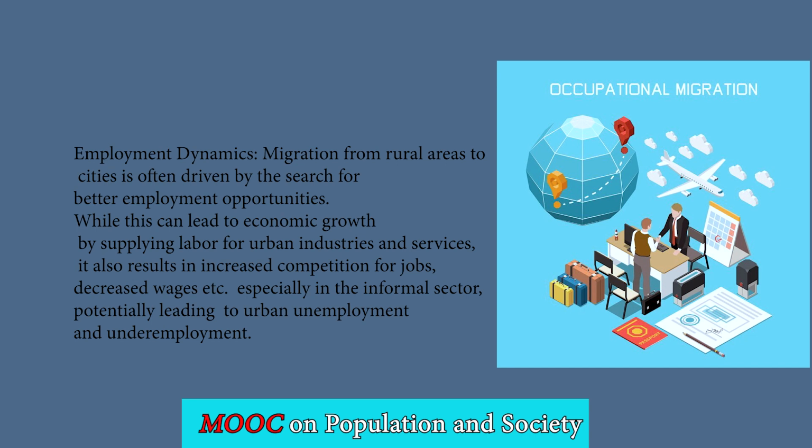While this can lead to economic growth by supplying labor for urban industries and services, it also results negatively in ways such as increased competition for jobs, decreased wages because of abundance of labor supply, especially in the informal sector, and potentially leading to urban unemployment or underemployment.